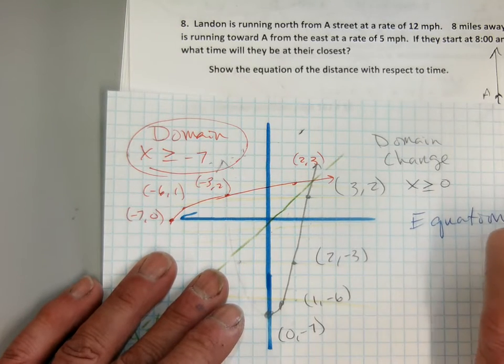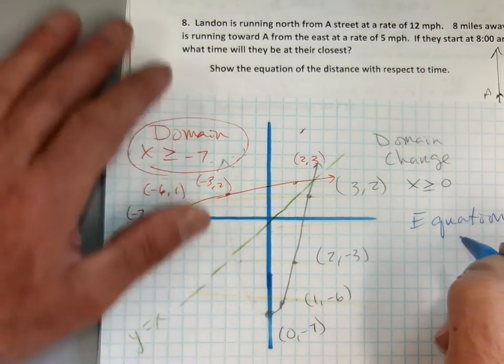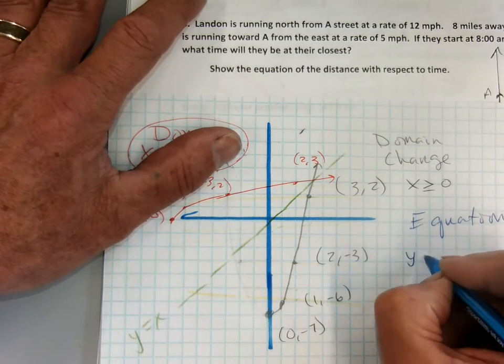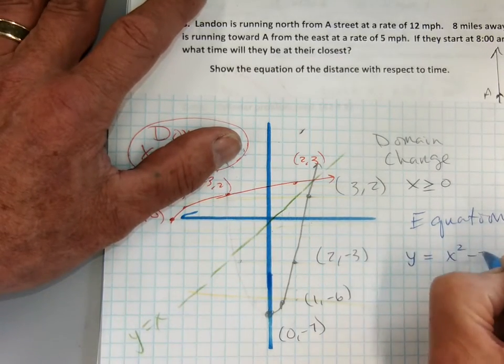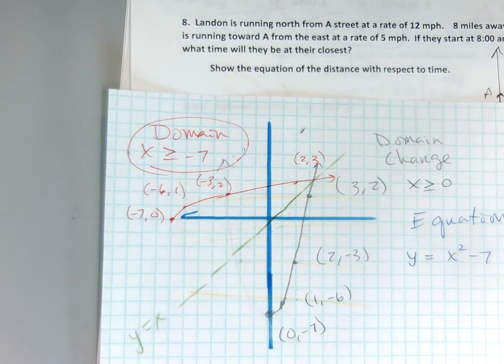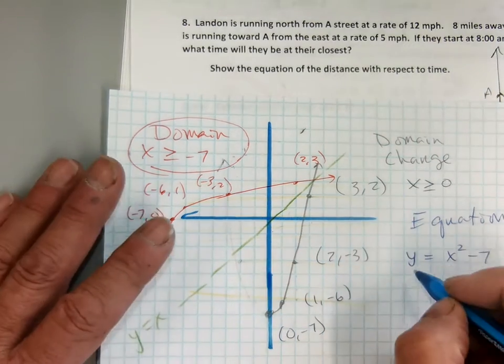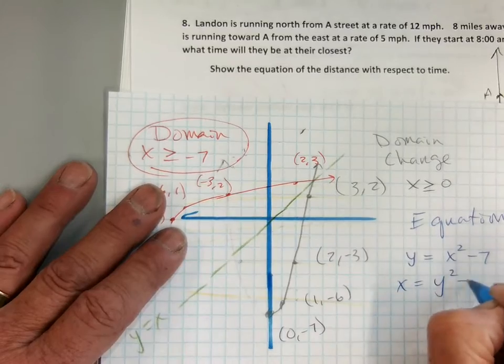I have y equals x squared minus 7. I like to write y instead of f of x because I'm going to switch x and y. Y, f of x, same thing. Then I switch variables: x equals y squared minus 7.